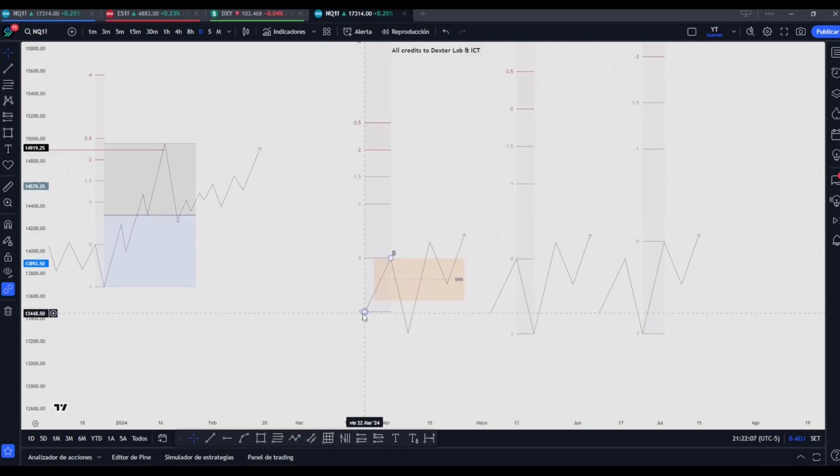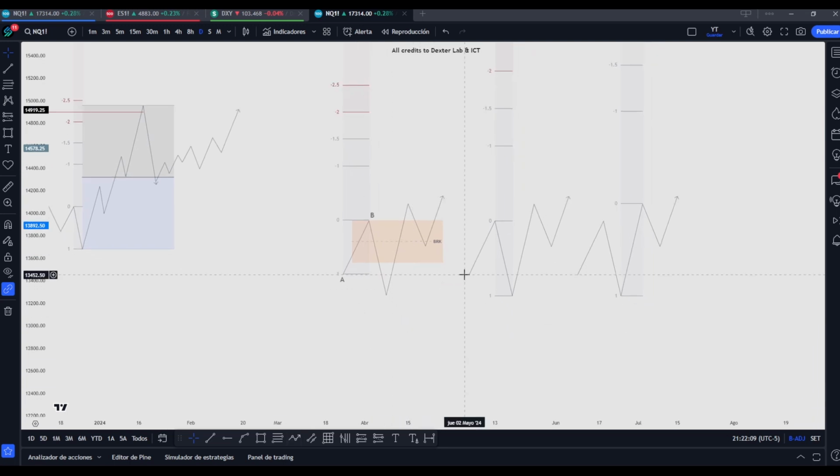We also have some mix, using wicks, sometimes using bodies. I haven't figured out 100% when to use each.